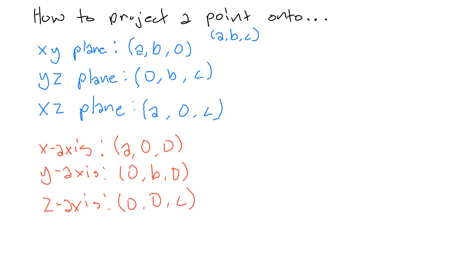So let me go ahead and draw this out and show you how it works. Once again, we're going to have a point in 3D. I'm going to mark our point right here.